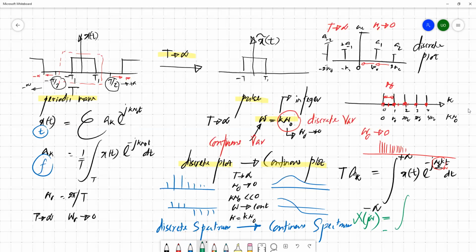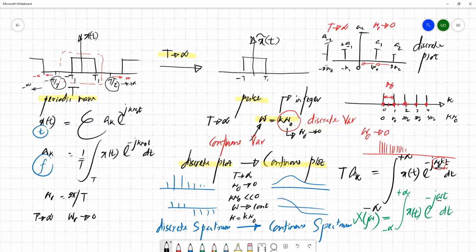So this is the integral from minus infinity to plus infinity of x(t) e to the power minus j omega t dt. So this k omega naught becomes a continuous variable omega.